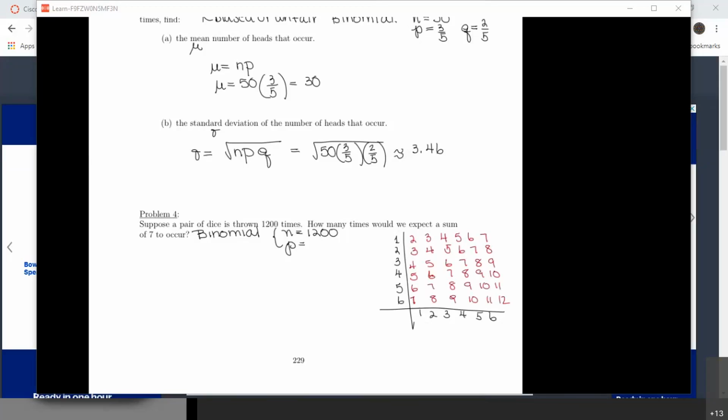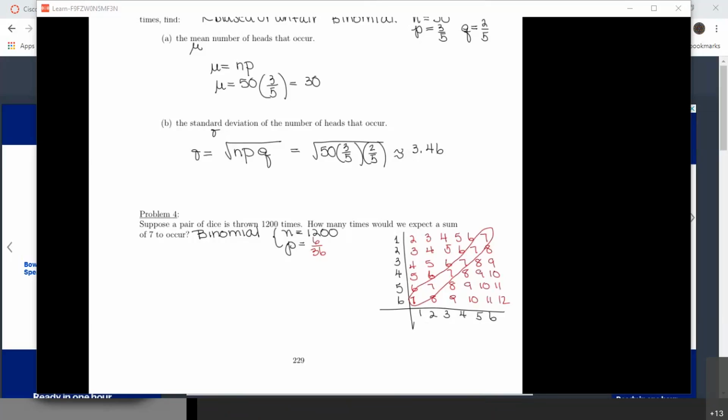Okay, you should be able to see that there are 36 outcomes. Okay, the red numbers that I wrote. How many of them are 7s? Well, there are more 7s than anything else. They're right here on the diagonal. Okay, and you can see there are 6 of those. Okay, so the probability would be 6 over 36.